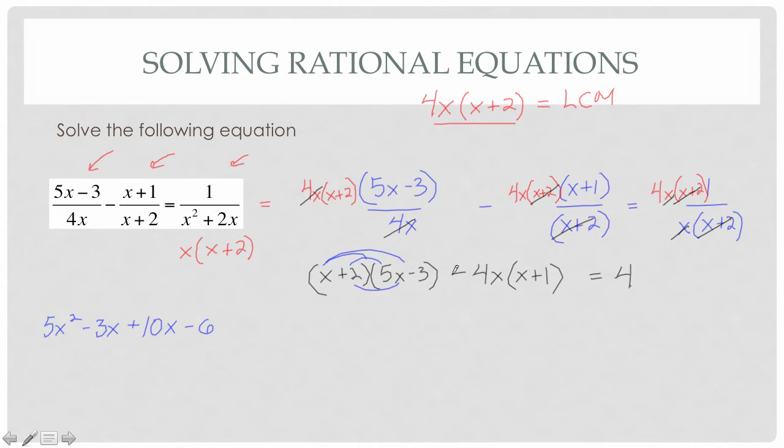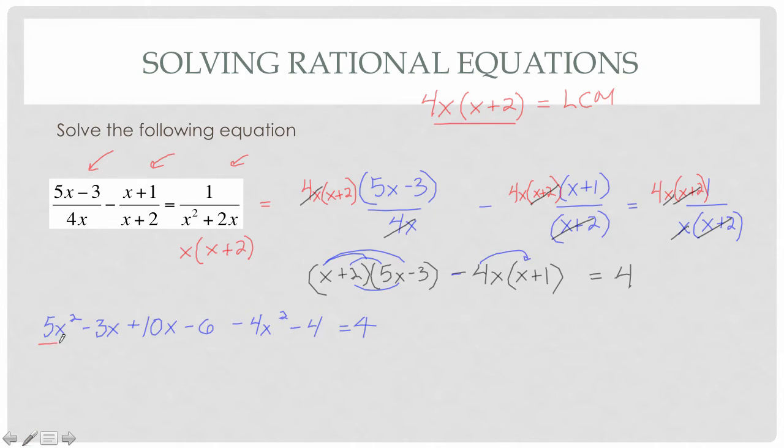And now we've got minus all this, so I've got to distribute that negative 4x. So we've got minus 4x squared, and we've got minus 4, and that equals 1. Whoops, equals 4, not 1. There we go.